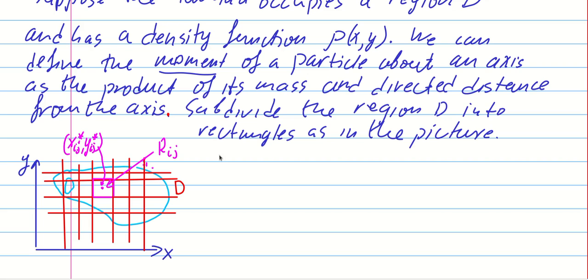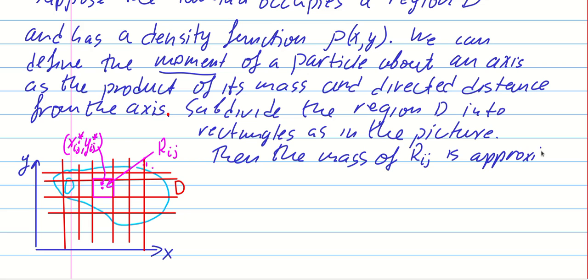So what's next? Then the mass of each rectangle R sub i j is approximately rho of x sub i j star, y sub i j star times the area.